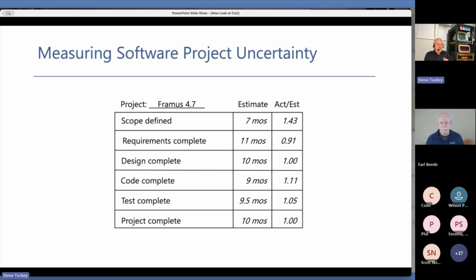Do I want to put all the fixed scope projects in one cone of uncertainty, put all the fixed budget projects in another cone of uncertainty, and see if that gives me two different cones of uncertainty? Or does it not hurt me to combine everything? Does it change the uncertainty picture depending on what mode the project is in?